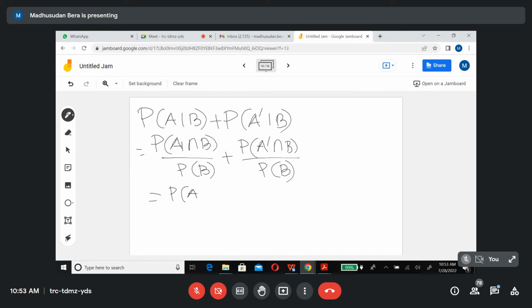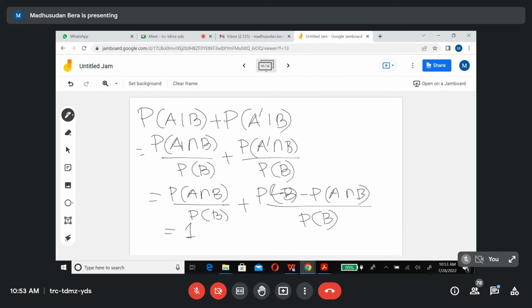P of A intersection B by P of B. See, P of A dash intersection B will be P of B minus P of A intersection B, divided by P of B. What is this? This is 1. A simple proof.